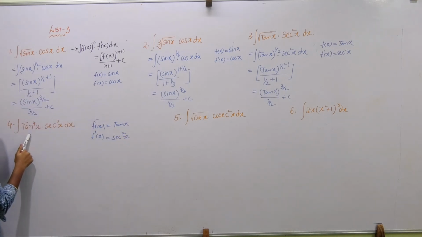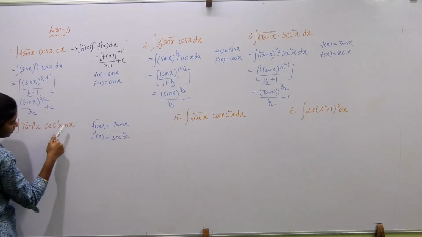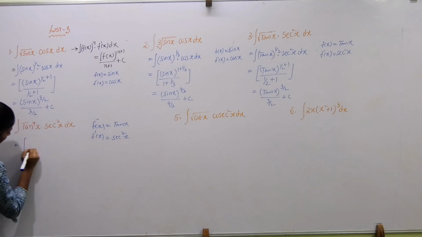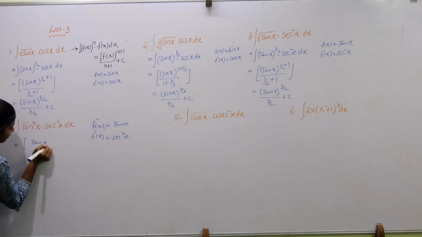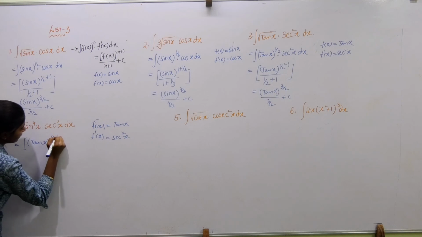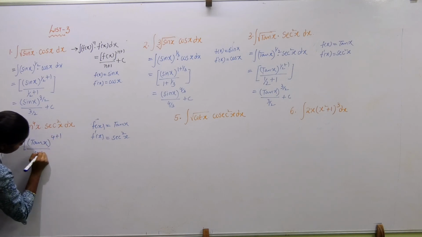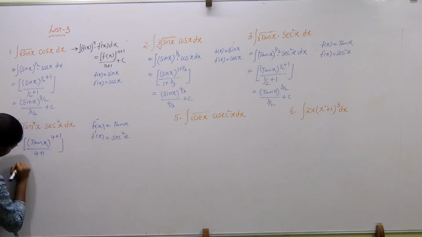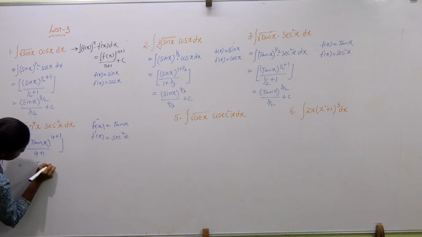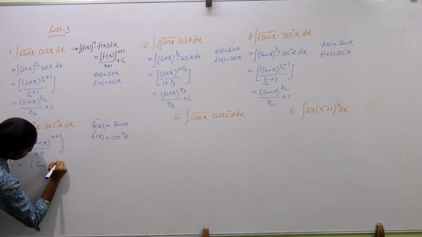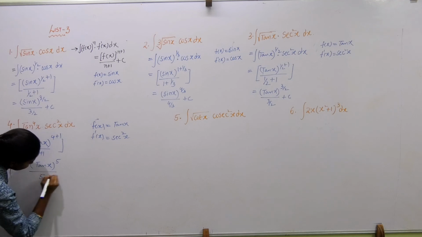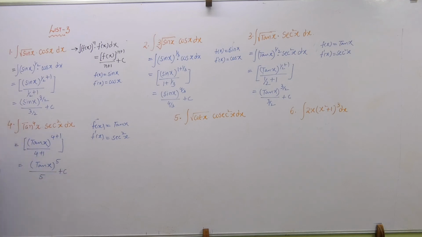Now integral of [f(x)]^n into f'(x) dx, we substitute the formula. It is [f(x)]^(n+1)/(n+1), which equals (tan x)^(4+1)/5, that is (tan x)^5/5 + c.